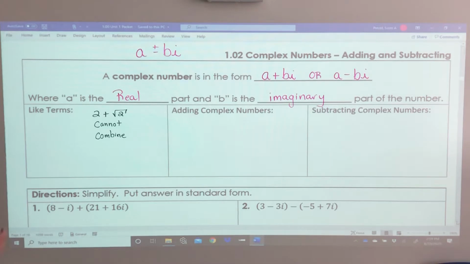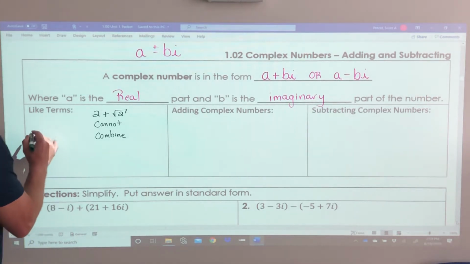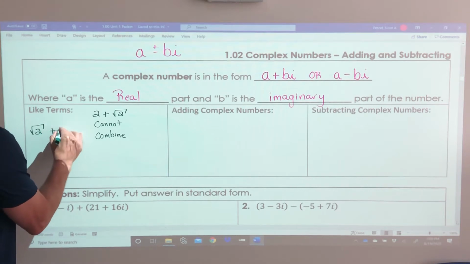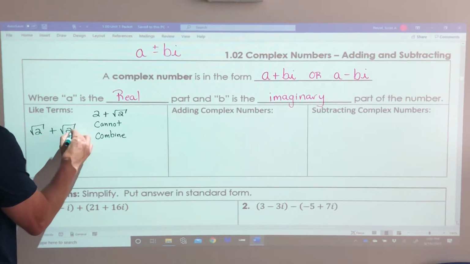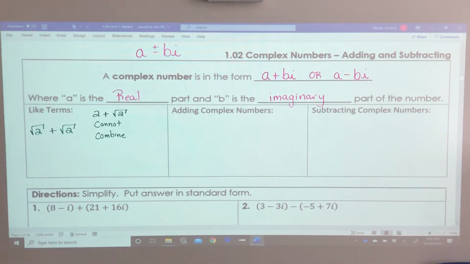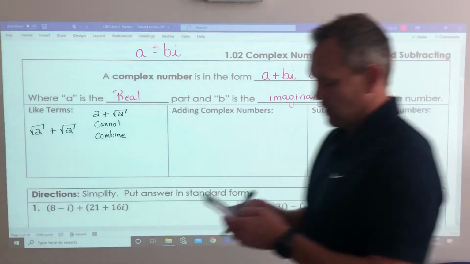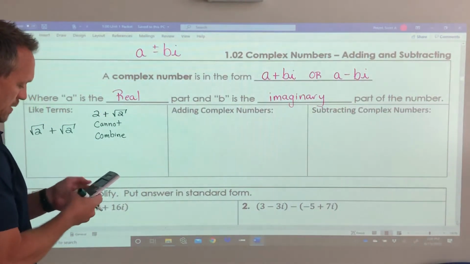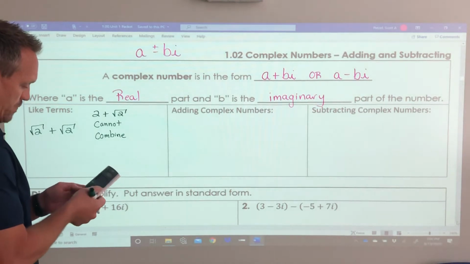What about if I had the square root of 2 plus the square root of 2? Could I combine those numbers? Let's get a calculator and see what would happen if we did that. We put this into a calculator. Square root of 2 plus the square root of 2.